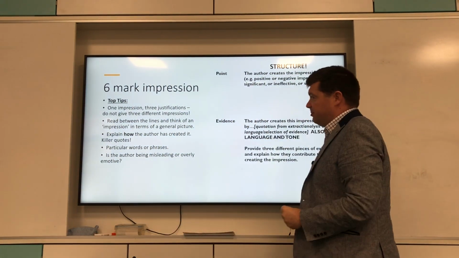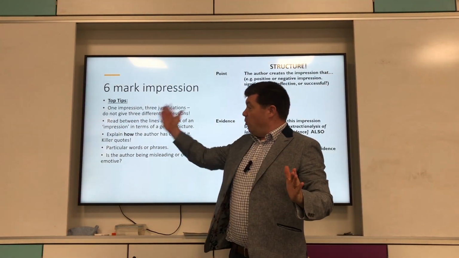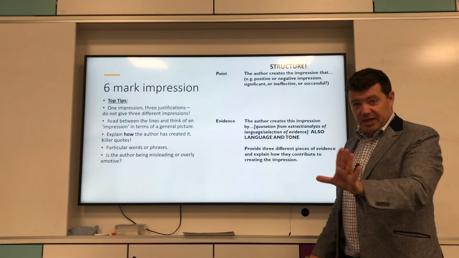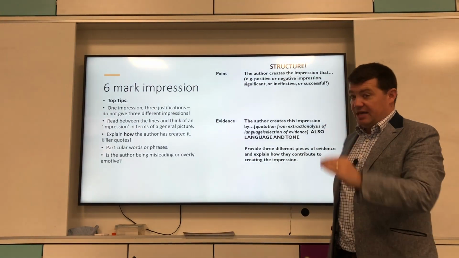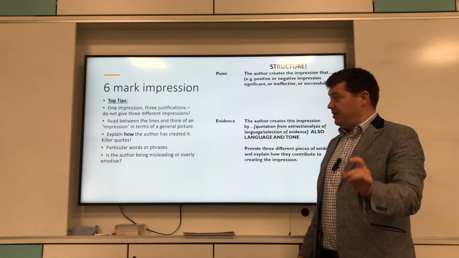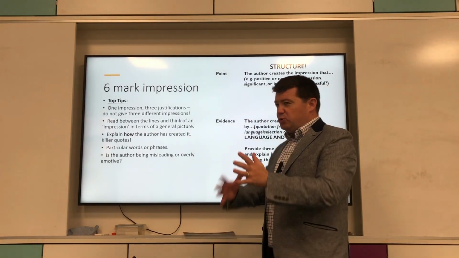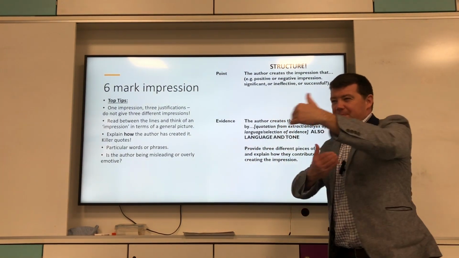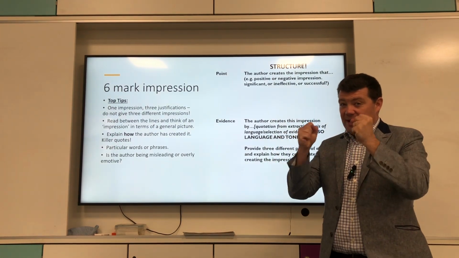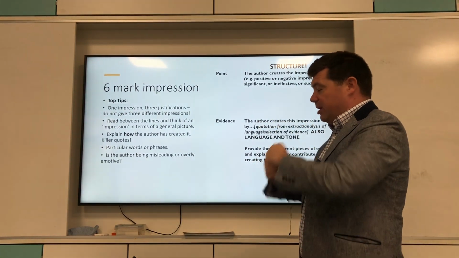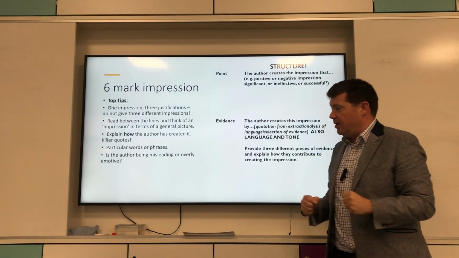Some further top tips for you. As I said, 1 impression, 3 justifications. That's what you need. Don't give 3 different impressions. Give us 1 impression with 3 justifications. Also, read between the lines. Think about the meaning of things. Not everything's going to be written down in black and white. It could be a general picture of it all as well.